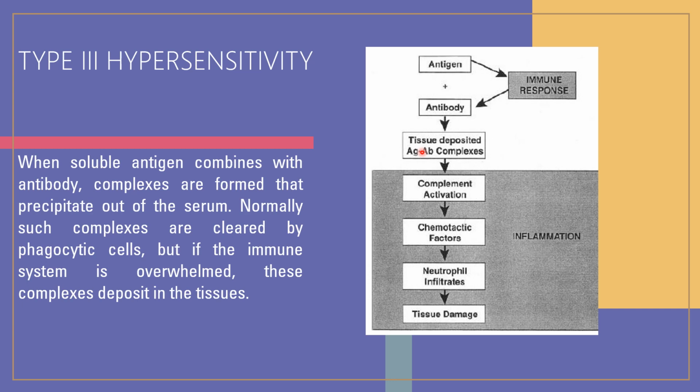And these tissue-bound immune complexes are very strong activators of the complement system, and this will now trigger a major immune response by the chemotactic factors that it elicits, and more neutrophils will go to the site of the inflammation, and it will cause tissue damage. So that is what happens in a type 3 hypersensitivity.